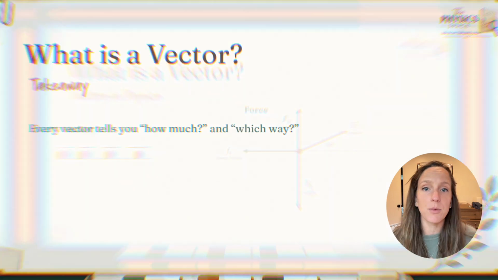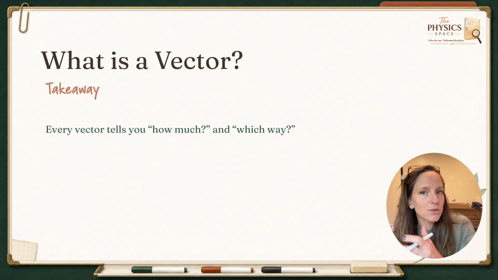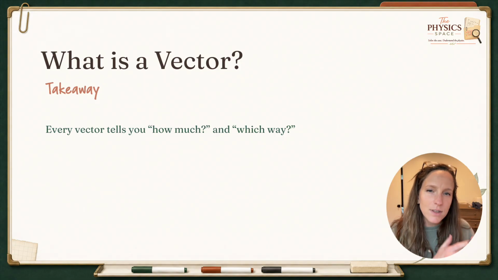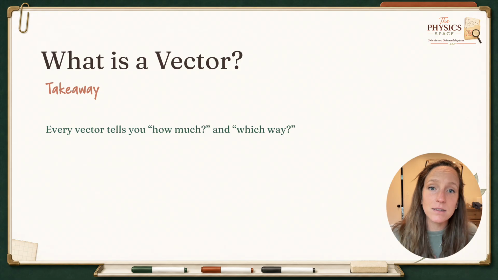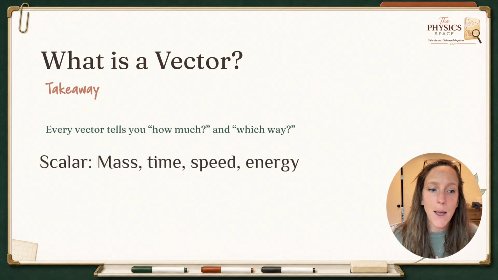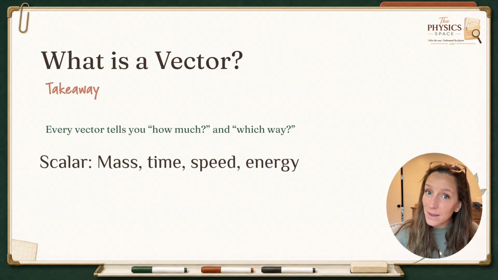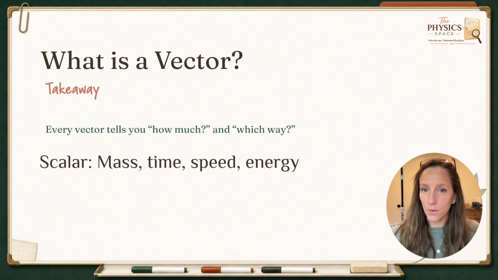And I'll just name a couple of scalar quantities. Again, vectors: magnitude and direction; scalars: magnitude only. Like I mentioned before, mass is a scalar quantity, time is a scalar quantity, but speed is also a scalar quantity, which you might question, since I can tell how fast something is going, but also the direction that it's going in.